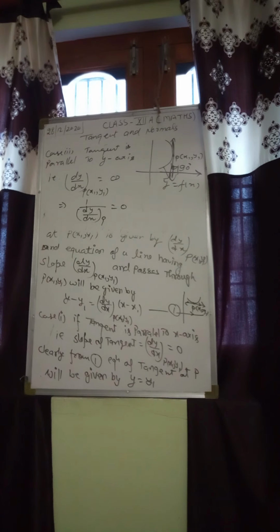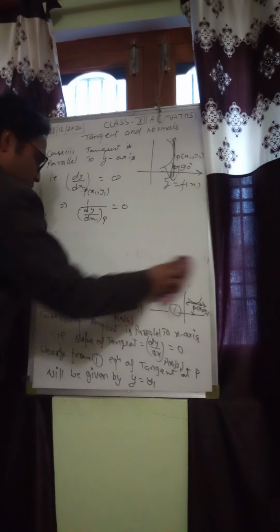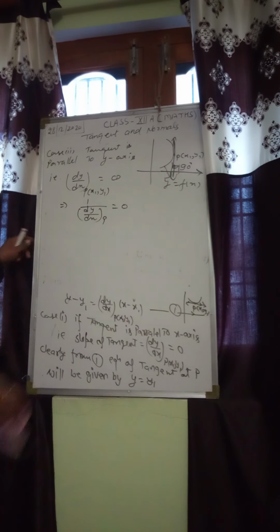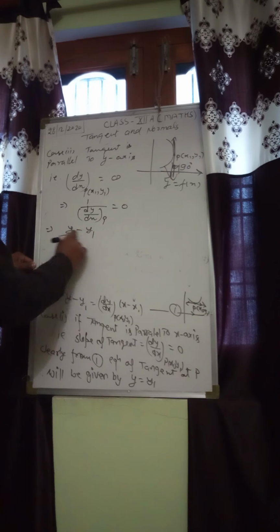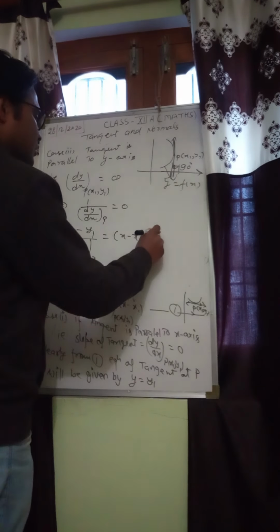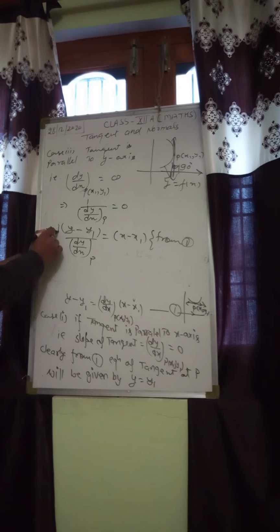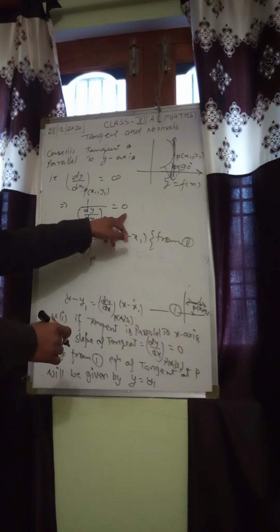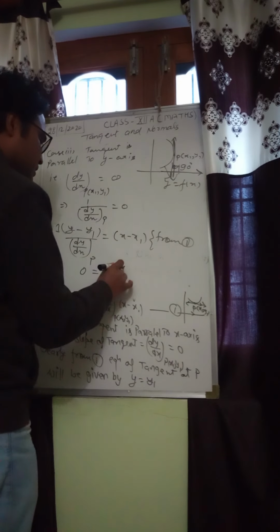Then from this equation, we have (y - y1)/(dy/dx at P) = x - x1, that is from before. Now see, that is 1/(dy/dx at P) will become 0. So this part becomes 0, that is equal to x - x1.